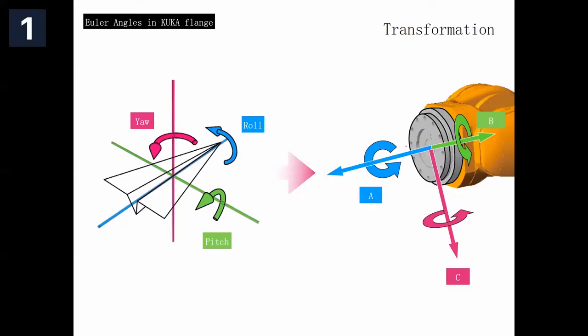This is Euler angle. Euler angle, roll pitch yaw, is very famous in a lot of places. In KUKA, it's the same. This is the normal vector of the flange, the Z direction. This is X is down. This is Y.